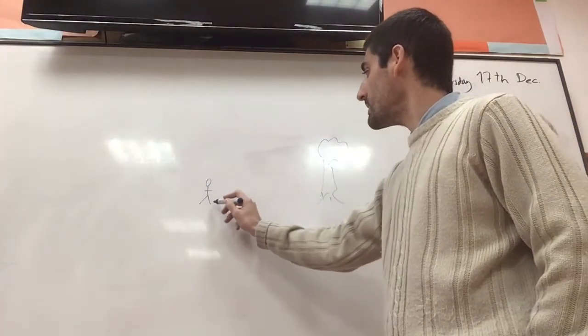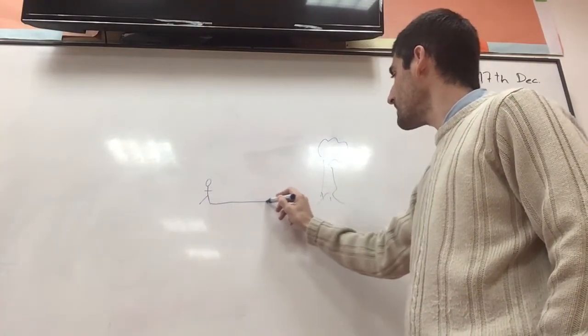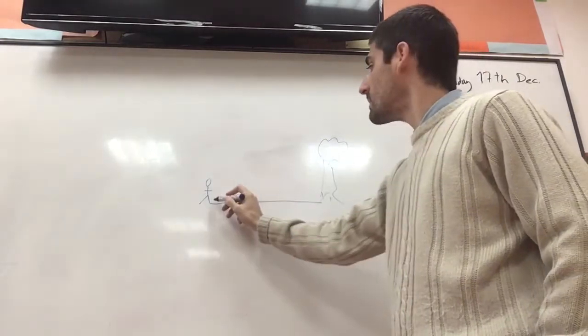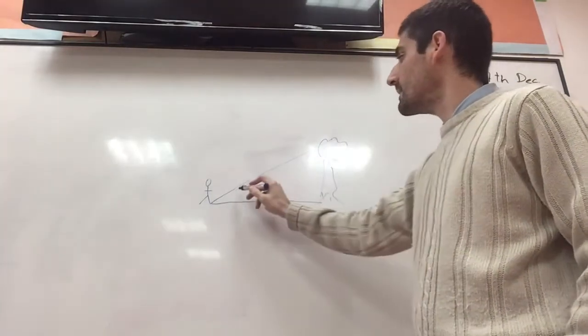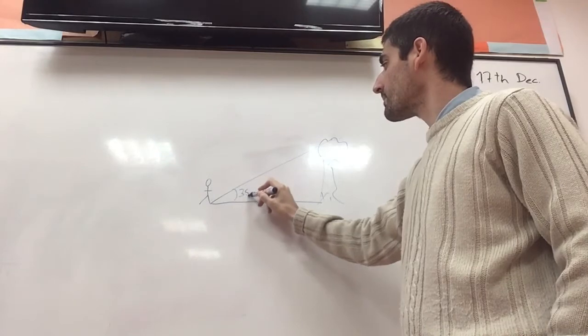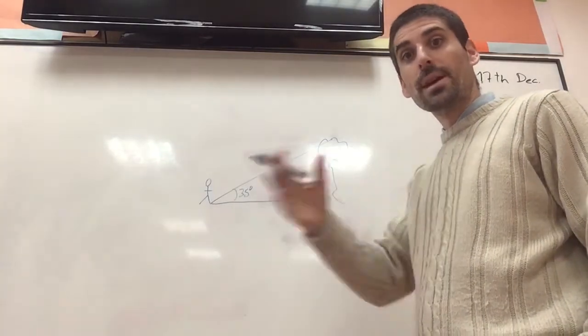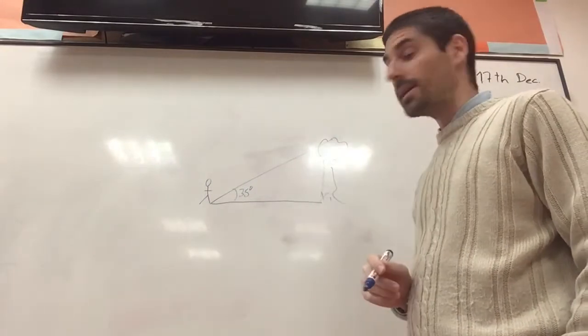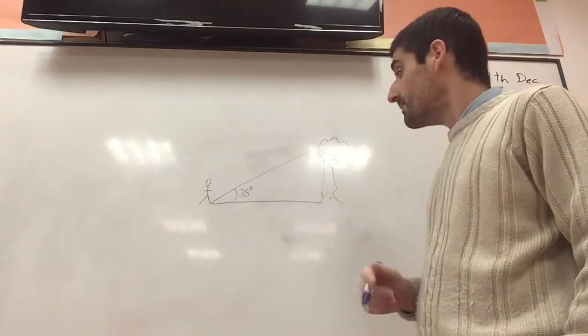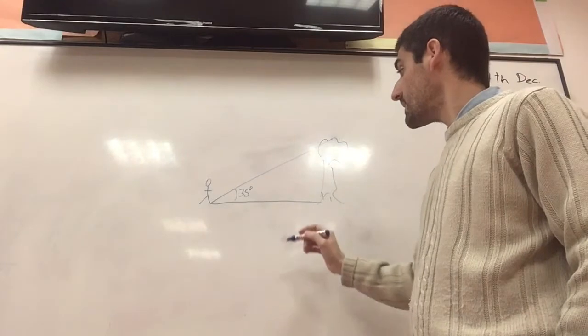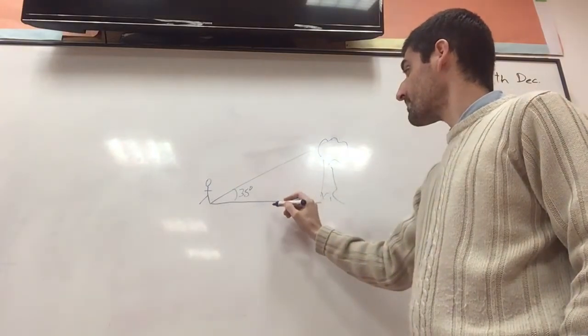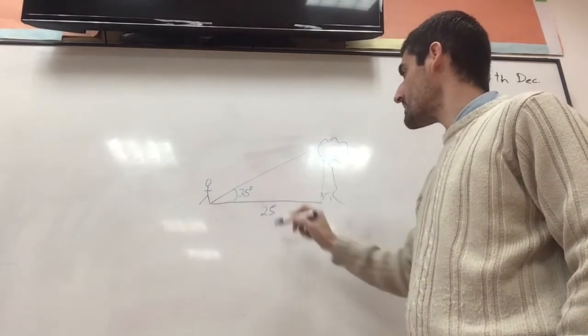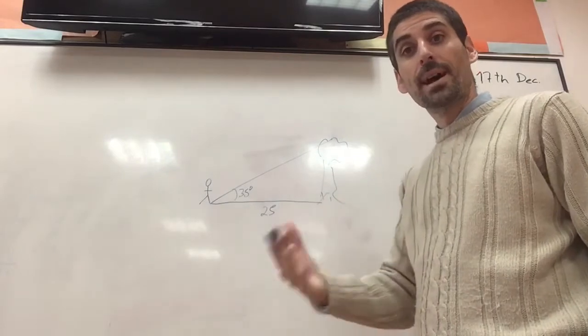So that means that between the horizontal, the ground, and the top of the tree, the angle of elevation is 35 degrees. That's what the angle of elevation means: the horizontal with the top of whatever I'm looking at. And then the classic question is, if I am 25 meters away from the tree, what is the height of the tree?